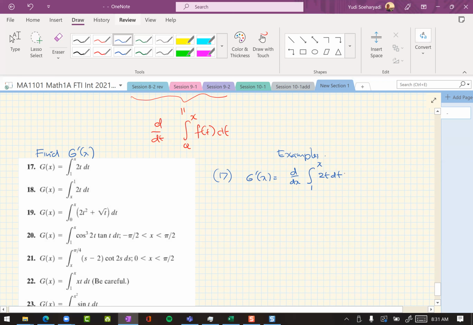What this tells you is that by FTC, 2t is continuous.